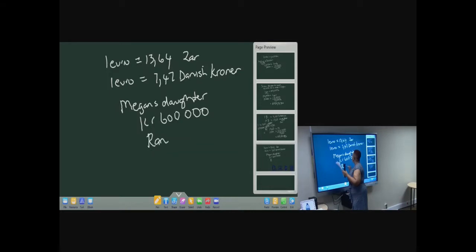And once more, you are given €1 to a Danish krone and then €1 to a rand, meaning there is no relationship between a Danish krone and a rand. I'll just give you 3 minutes to try and do that.